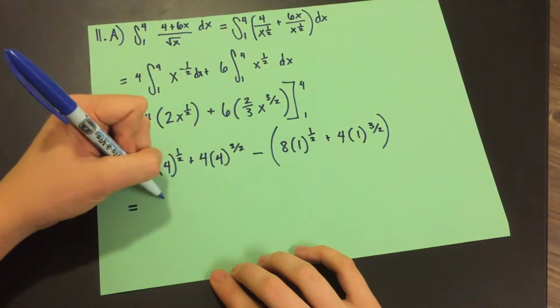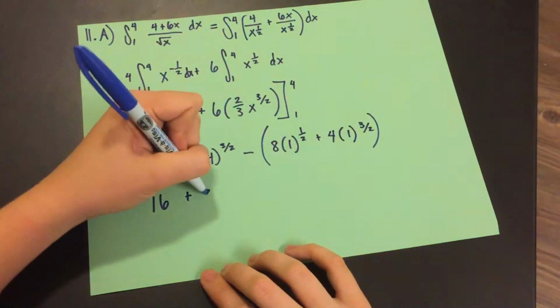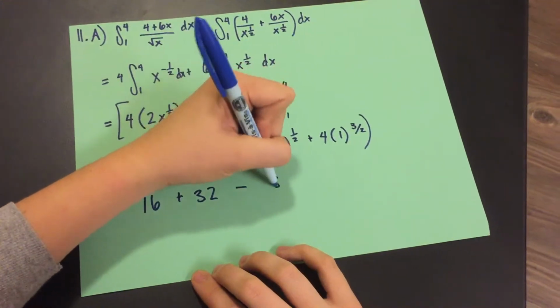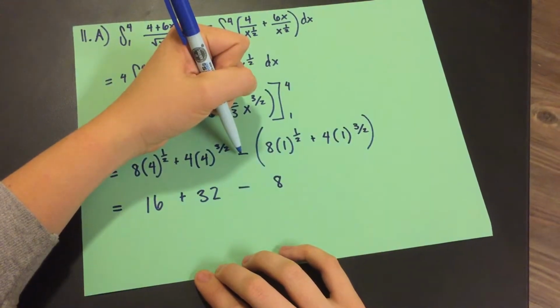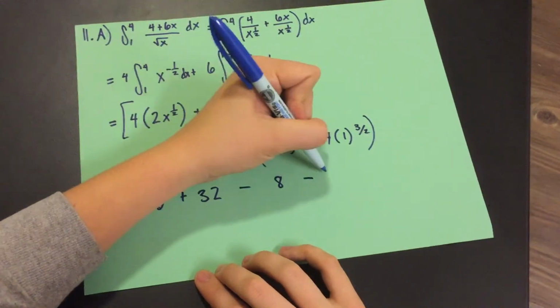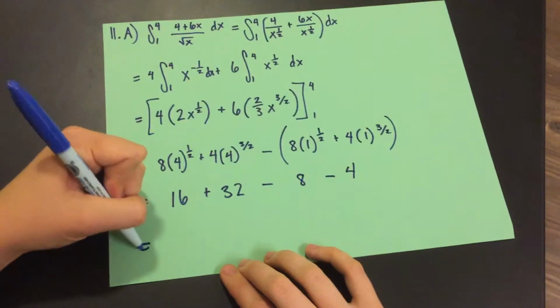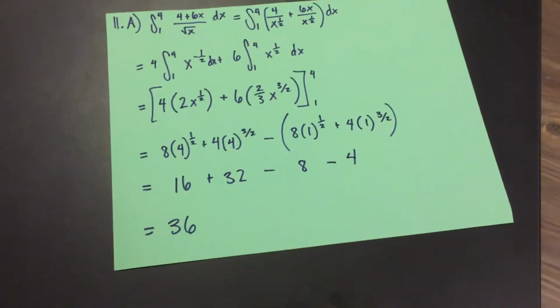And this will be 16 plus 32 minus 8, and then minus 4. And that comes out to equal 36.